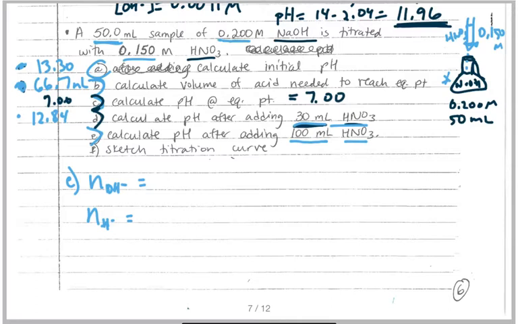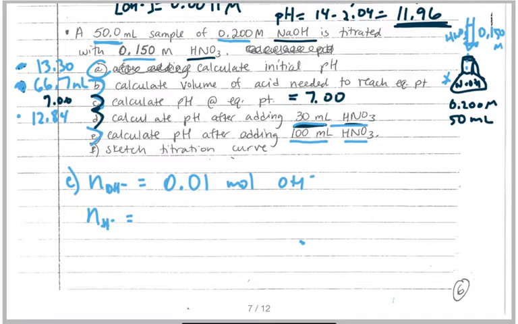What we calculated in the previous problem was that we had, now I can't even remember, 0.01 moles of hydroxide, right? 0.05 times 0.2 is 0.01 moles of hydroxide.